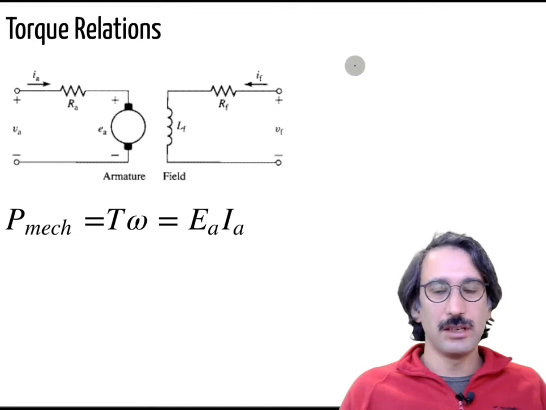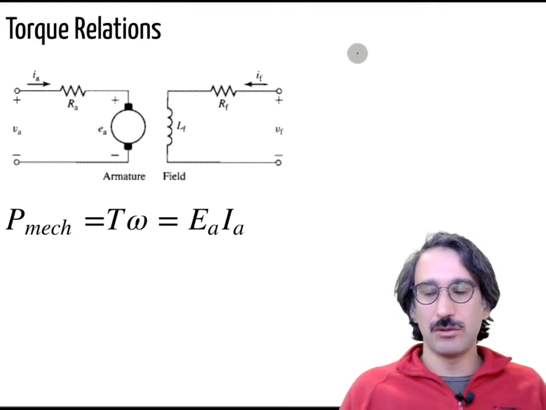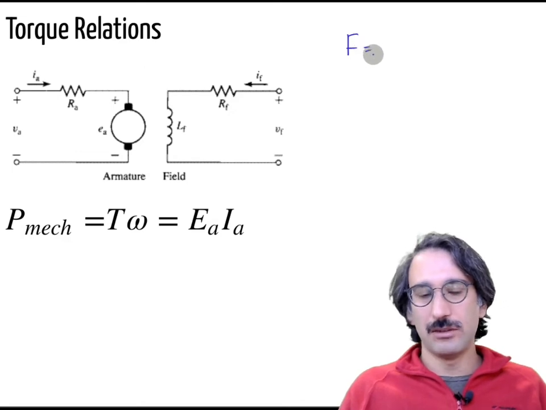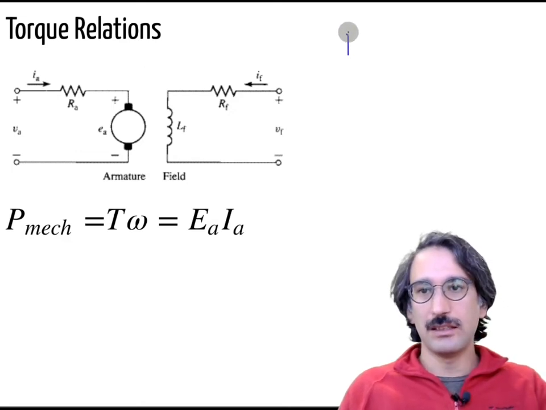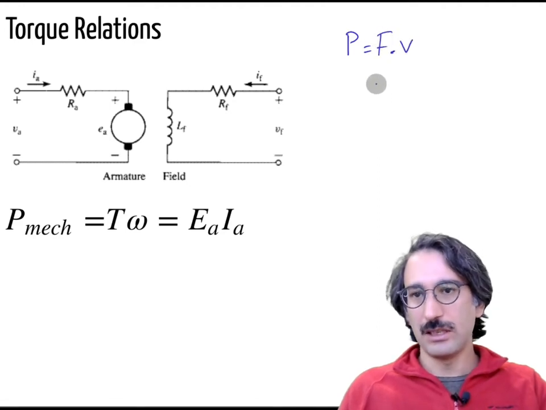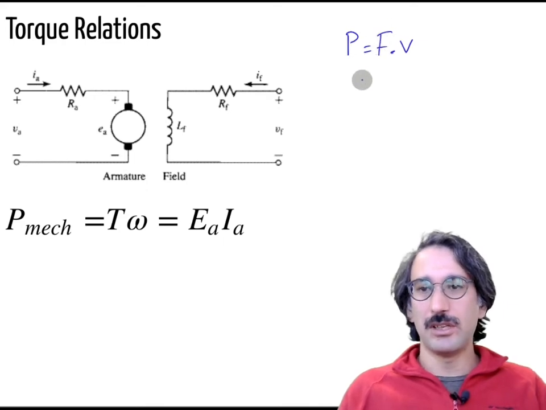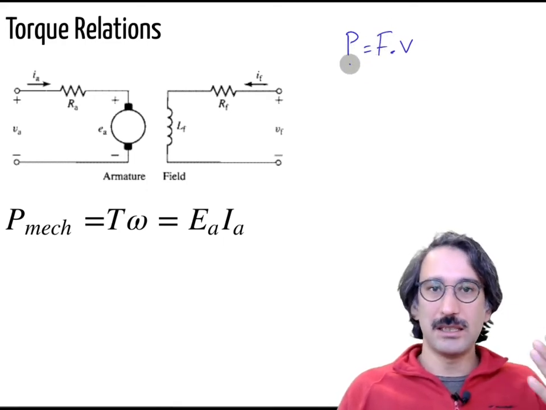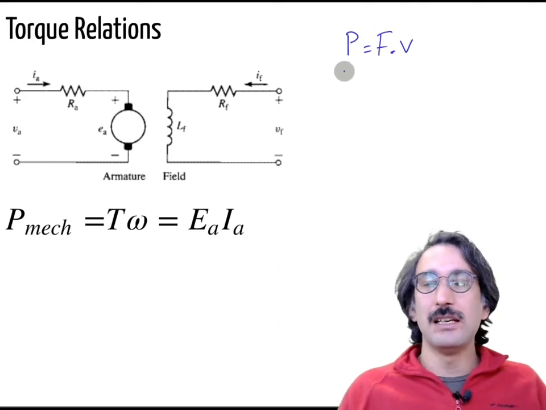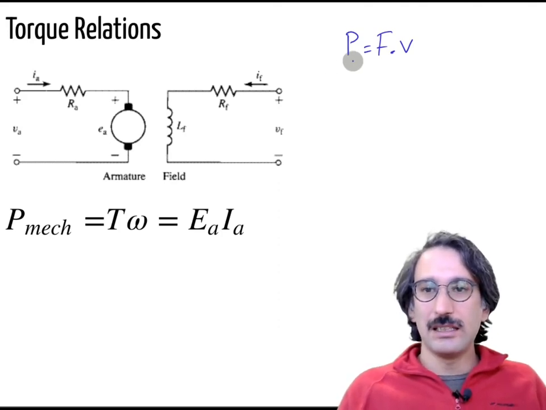Okay, so let me write it here. Of course, if you can remember it from your physics lecture, I can write F, for example, in the linear system, power is equal to force times velocity, right? So it is meter per second, and this is Newton, and when you multiply that one, you have the watts, and that watts is the same watts as we have in the electrical energy. And again, this is for linear systems.